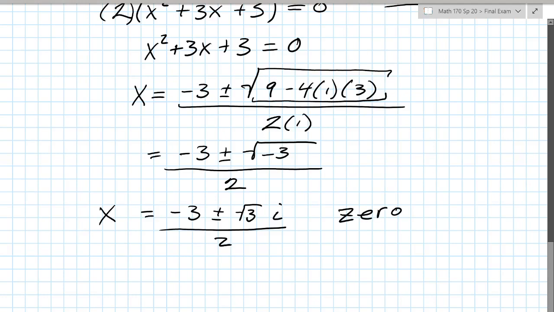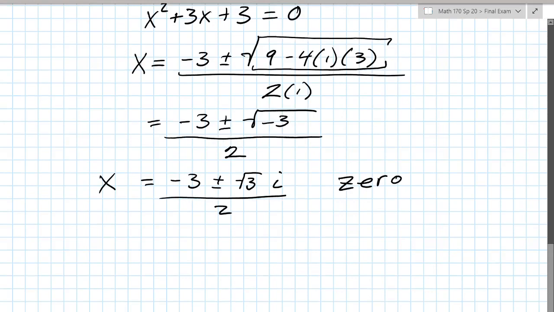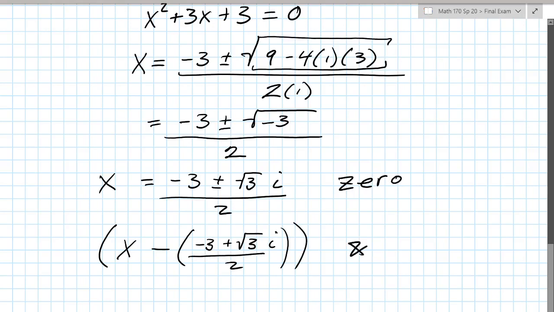So we want them to be written as factors as well. So x minus negative 3 plus the square root of 3i over 2, and x minus negative 3 minus the square root of 3i over 2.